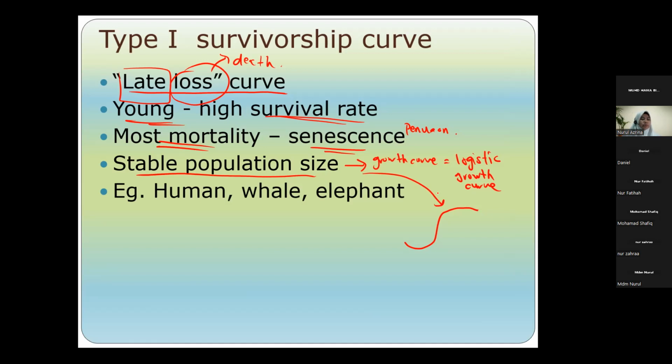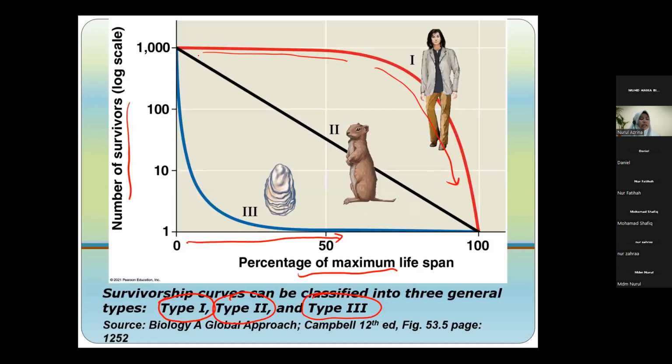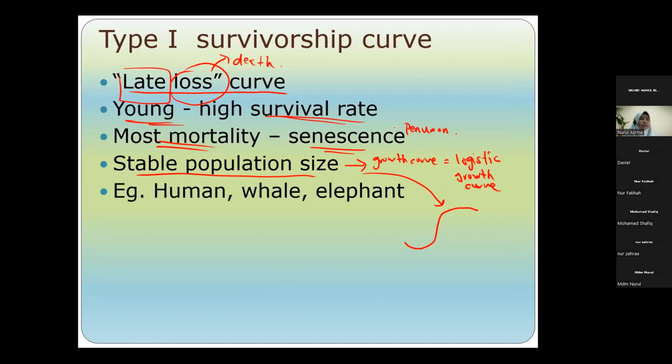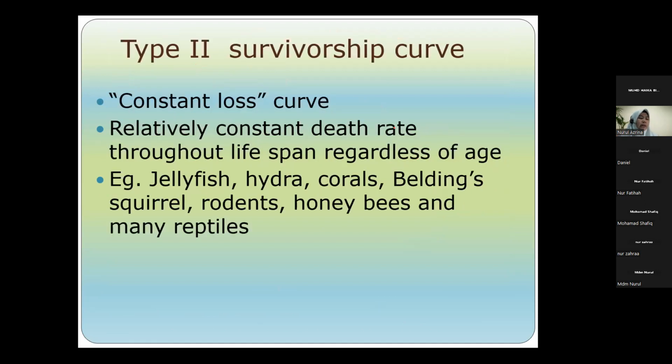Okay, type 2. Okay, type 2 yang ni. Ni type 2. You can see the example over here. The Belding squirrel. Type 2 survivorship curve is known as constant loss curve, right? Where it shows relatively constant death rate throughout the lifespan regardless of age. So constant, kadar kematian constant.